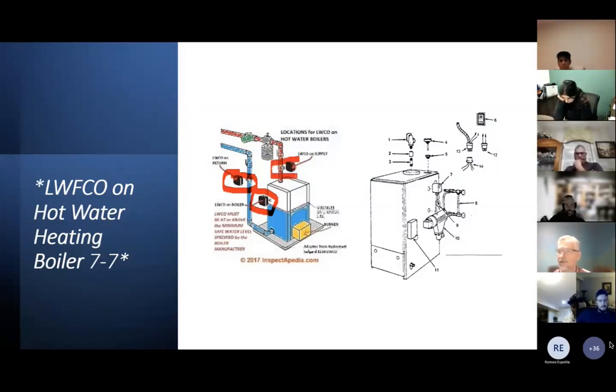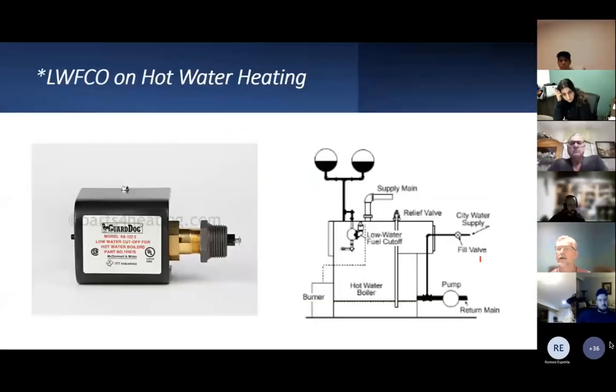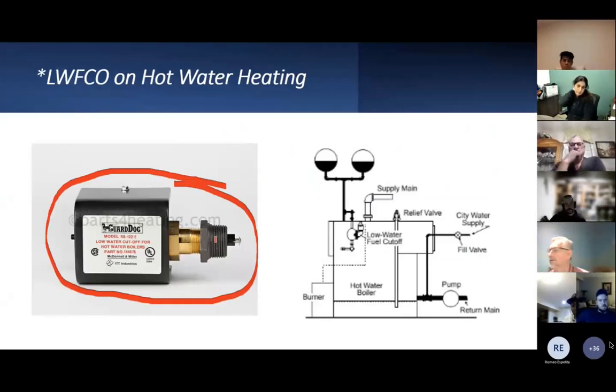So any of these locations will take the burner down and won't let you operate until you replenish the water. And there's the low water cutoff on the boiler itself. Hot water devices can just be very simple sensors, such as this one, the low water fuel cutoff.